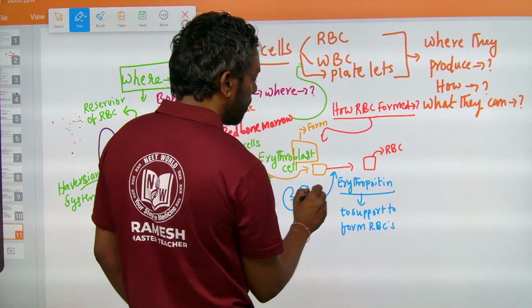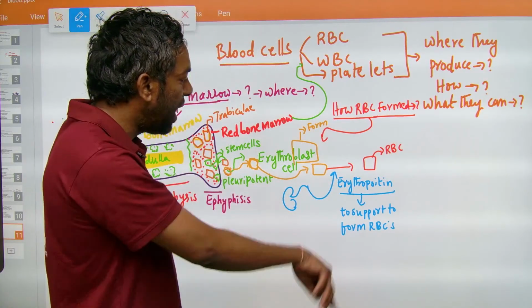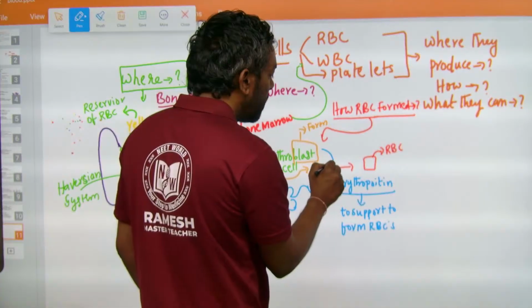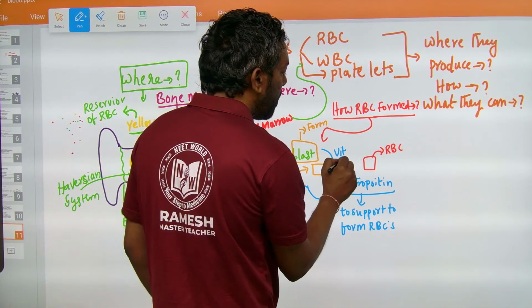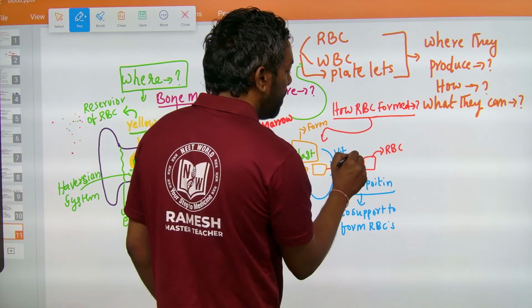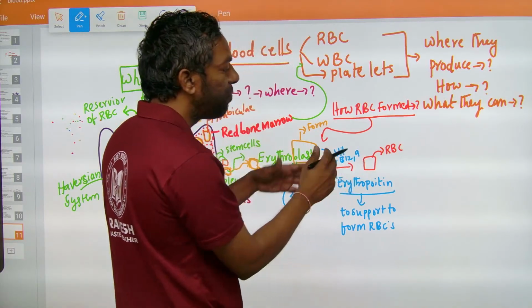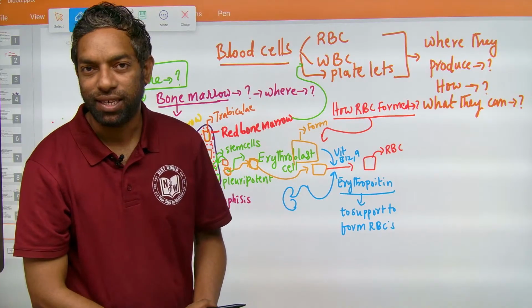Along with it, externally, vitamin B12 and B9 are also needed for the formation of RBC.